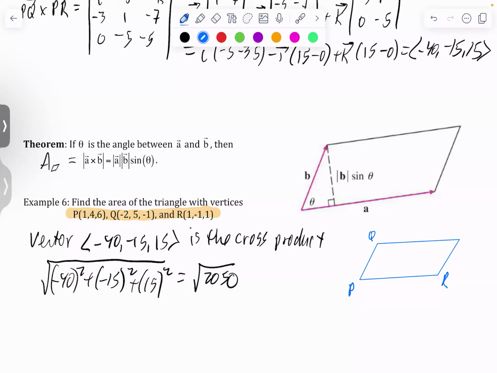Now they want us to find the area only of the triangle that makes up PQR. That is this area here. And I want to point out that that area is exactly half of the area of the parallelogram. So the area of the triangle is going to be root 2050 divided by 2.